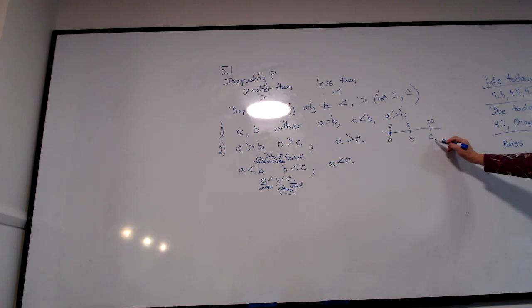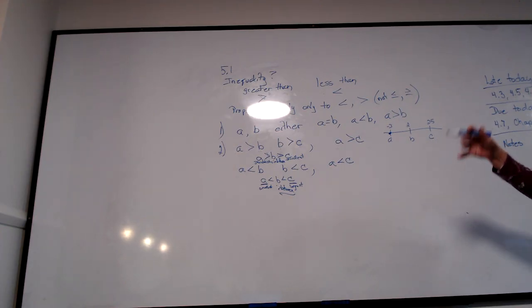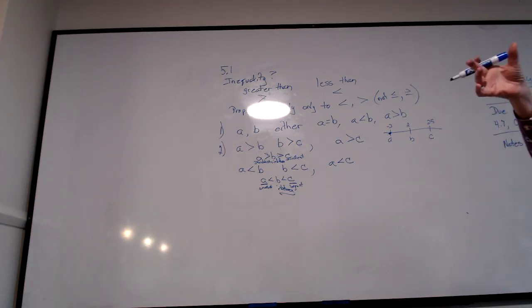Same thing with lengths of sides. If you know the length between them is greater, you can say one segment is longer than the whole thing, or less than the whole thing.